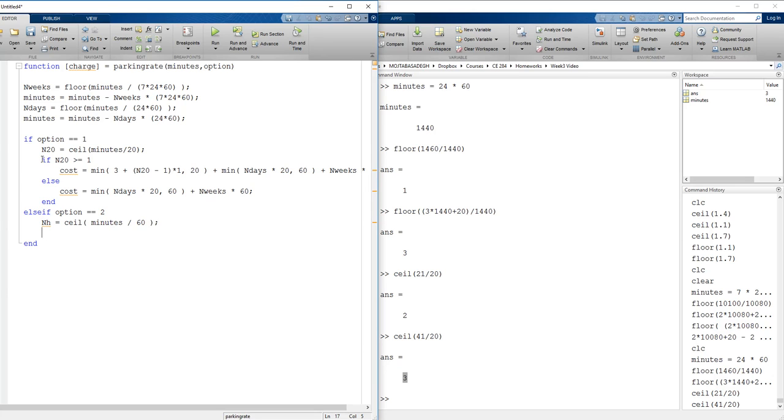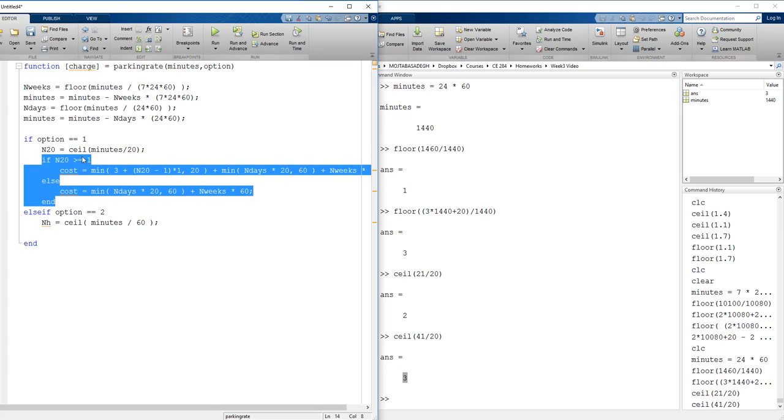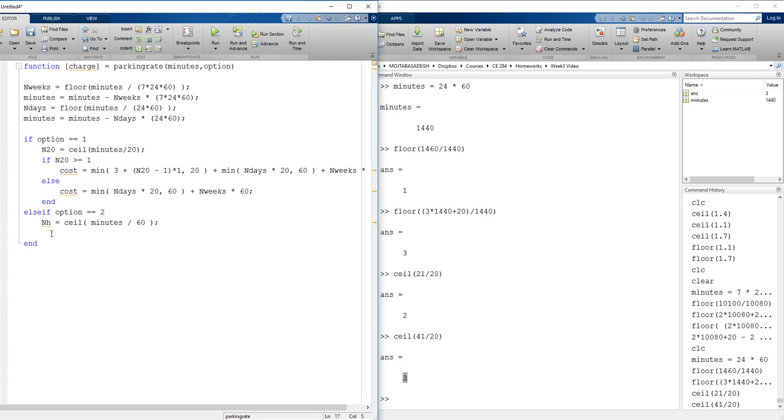Again, I'm going to have a similar situation as here, because I'm going to charge $5 for the first hour. What if my first hour doesn't exist? What if I only parked for 2 days straight? 2 days straight, no number of hours extra, so I cannot charge it. So what I'm going to do is copy and paste that. Instead of n20, I'm going to put an hour, and h is more than or equal to 1, so it cannot be 0 now.